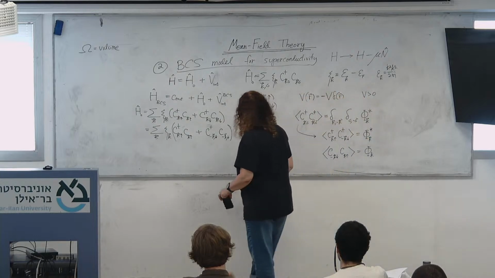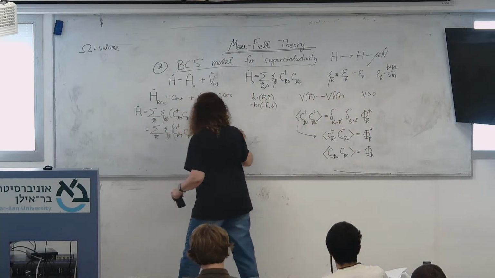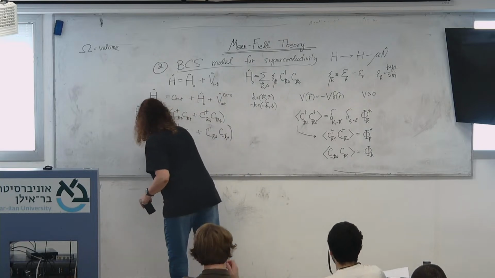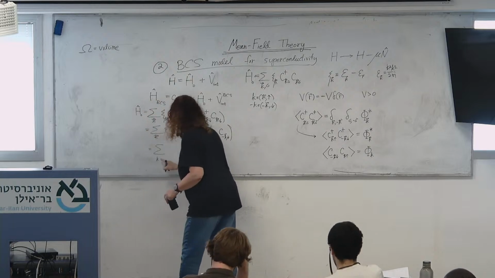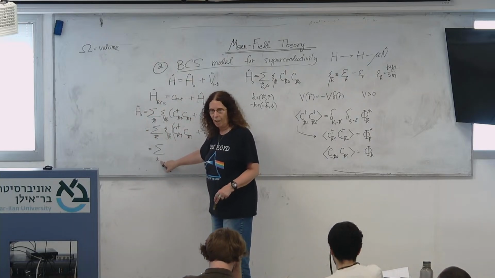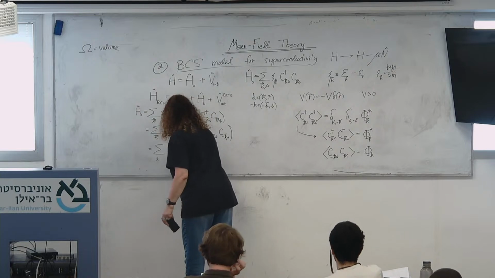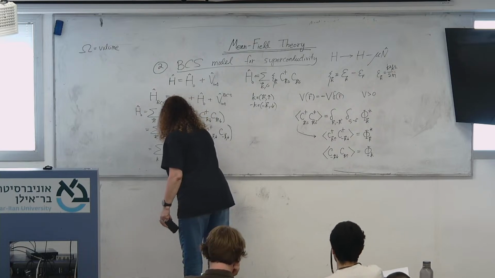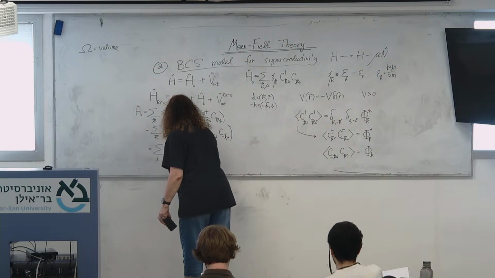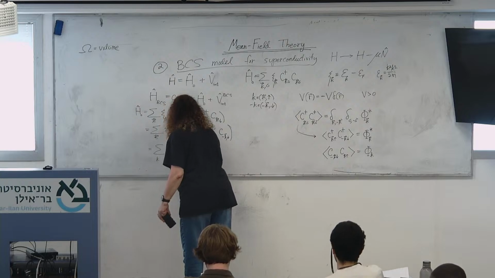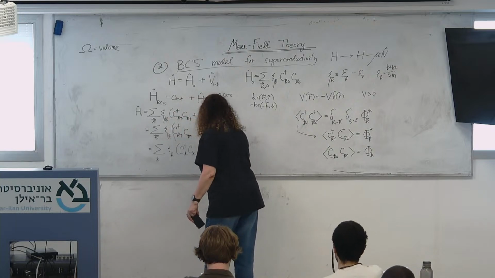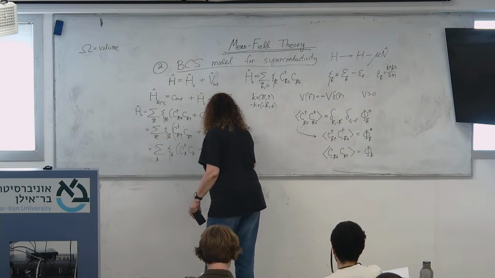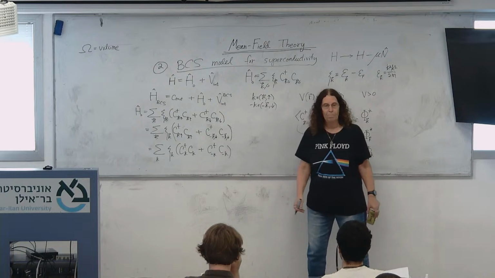So in fact, I can write it as sum over k of psi of k, c dagger k c k plus c dagger minus k c minus k.